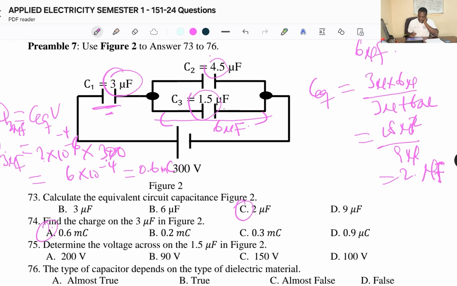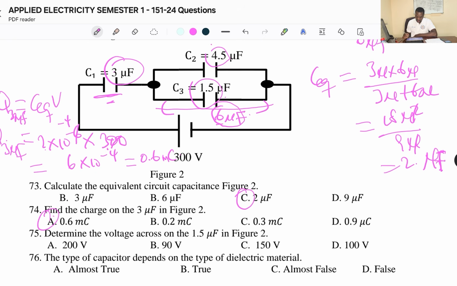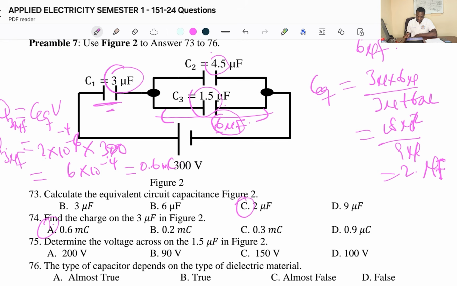Since they are in parallel, we know that for a parallel connection the elements have the same voltage on them. So the voltage across this 1.5 micro is the same as that of 4.5 micro, and it also is the same as the voltage across the 6 microfarad here.